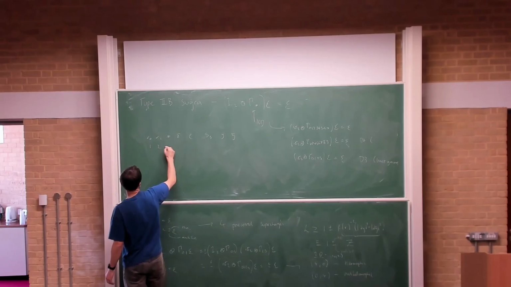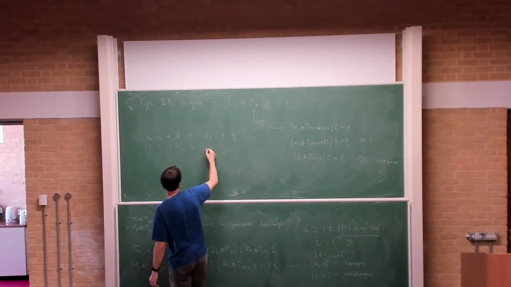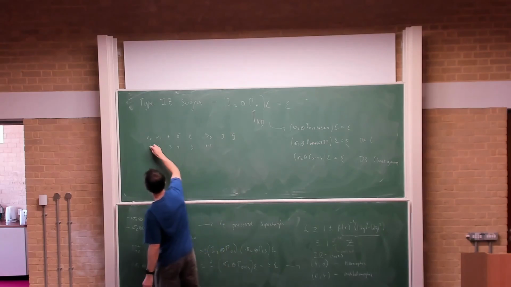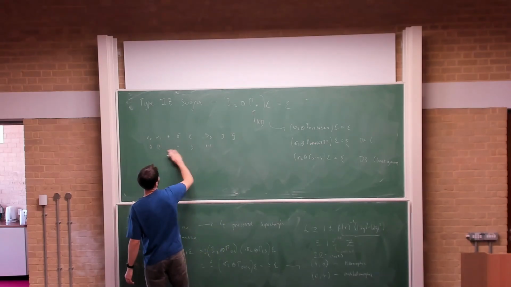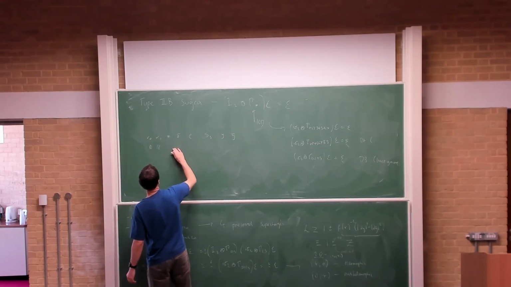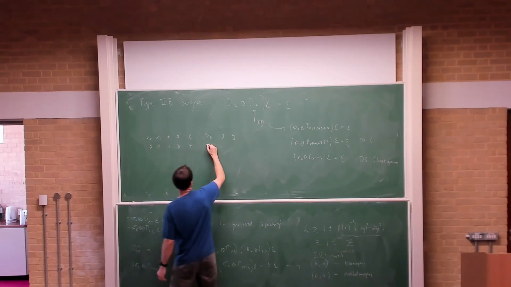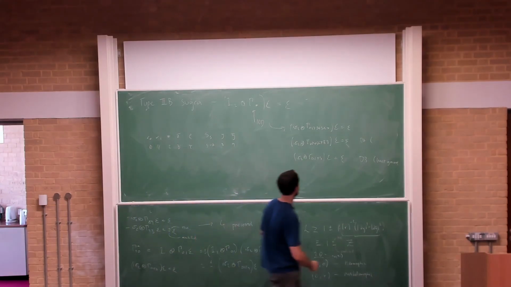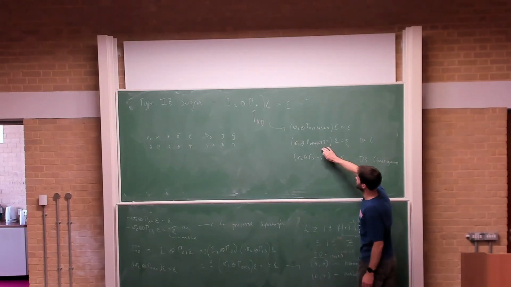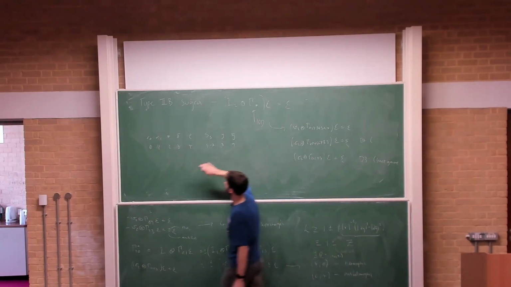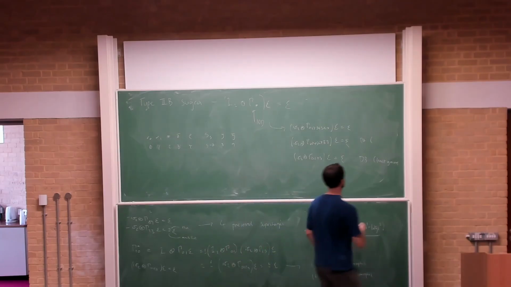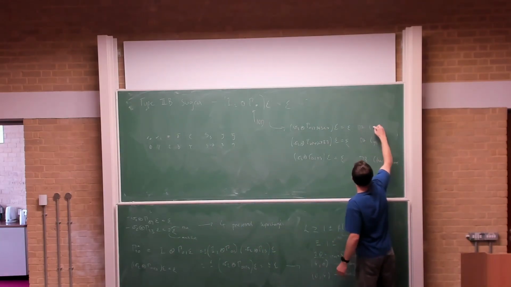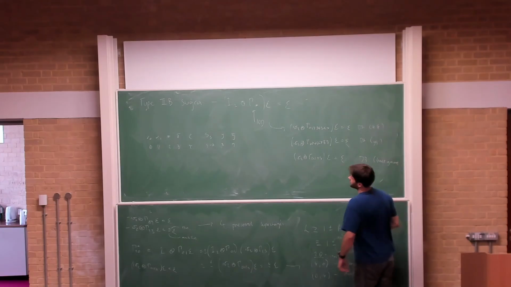So these are 1, 2, 3, 4, 5, 6 to 8, and then 0, 1, 2, 3, 4, 5 to 7, 8, 9. So this is for a D7 brane wrapped along the Y and Y bar instead of the Z and Z bar directions. And then this is for a D7 along Z and Z bar directions.